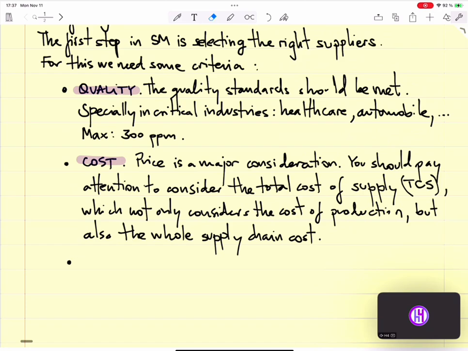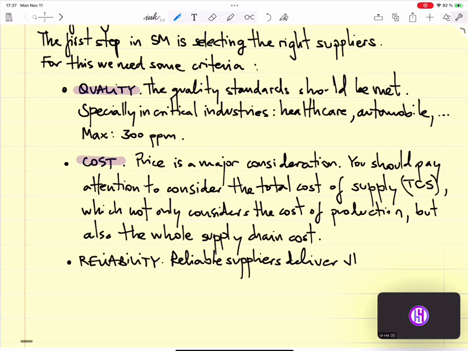Reliability. Okay, so reliable suppliers deliver just in time, just in sequence. Okay.